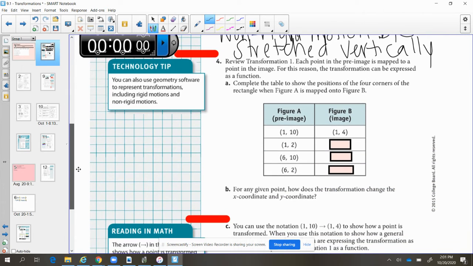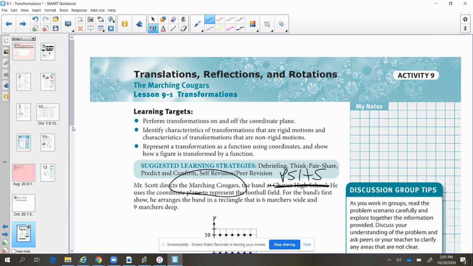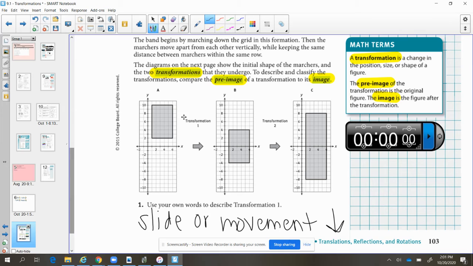Now if we look back at figure A and figure B, figure A, they're telling us the coordinates of these. They're located at (1, 2), (1, 10), (6, 2), and (6, 10). And then if we look at this part B here, we're now at (1, 4) and (1, -4), and we're at (6, 4) and (6, -4).